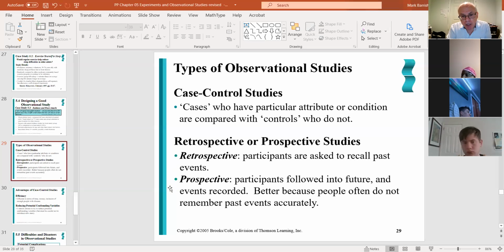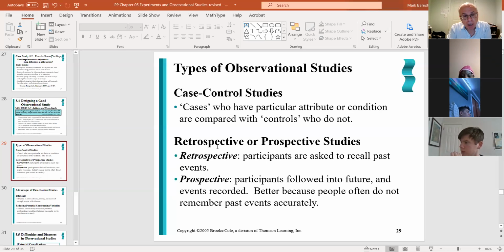Now, both of these studies, I have to tell you, are observational studies. The experimenter is not controlling for what happened in the past. And then in terms of the future, the participants are being followed into the future and events are being recorded, but there's no assignment of treatments.